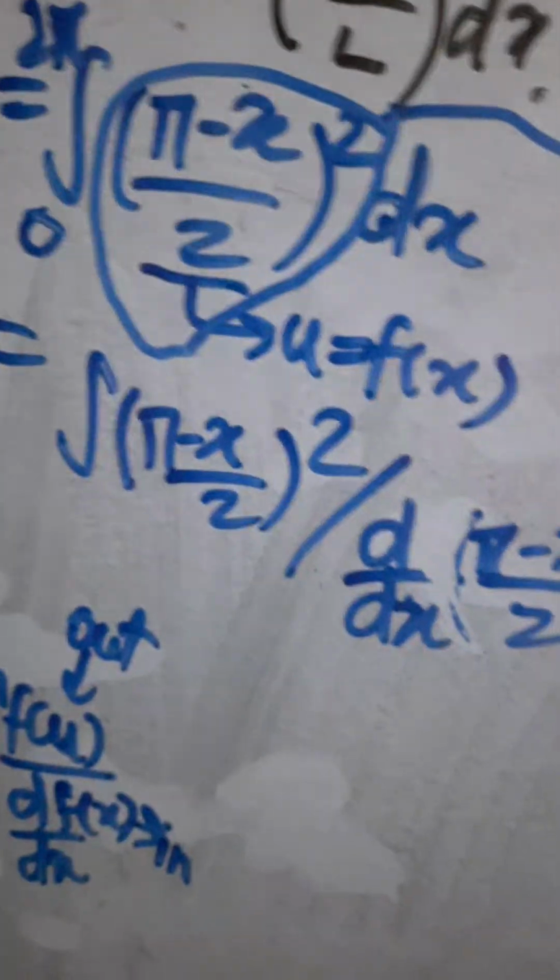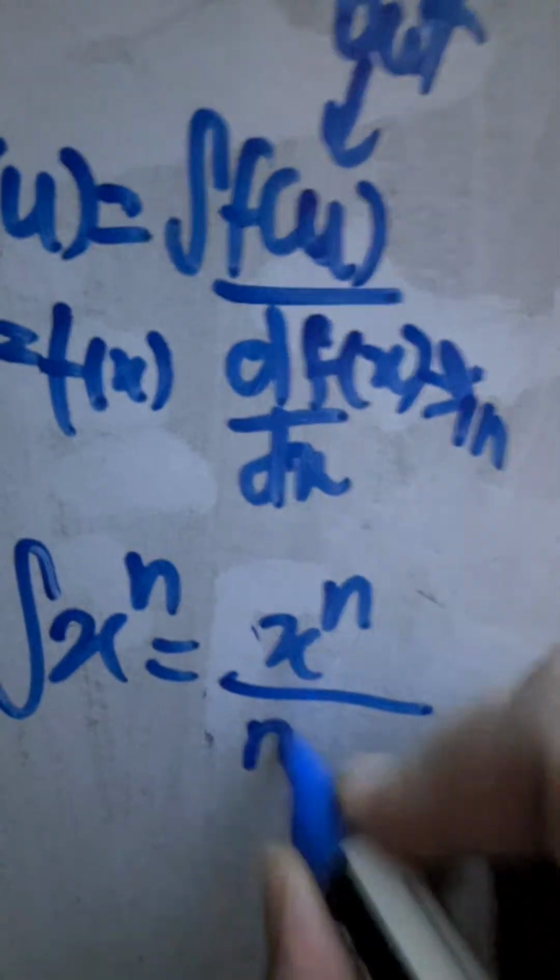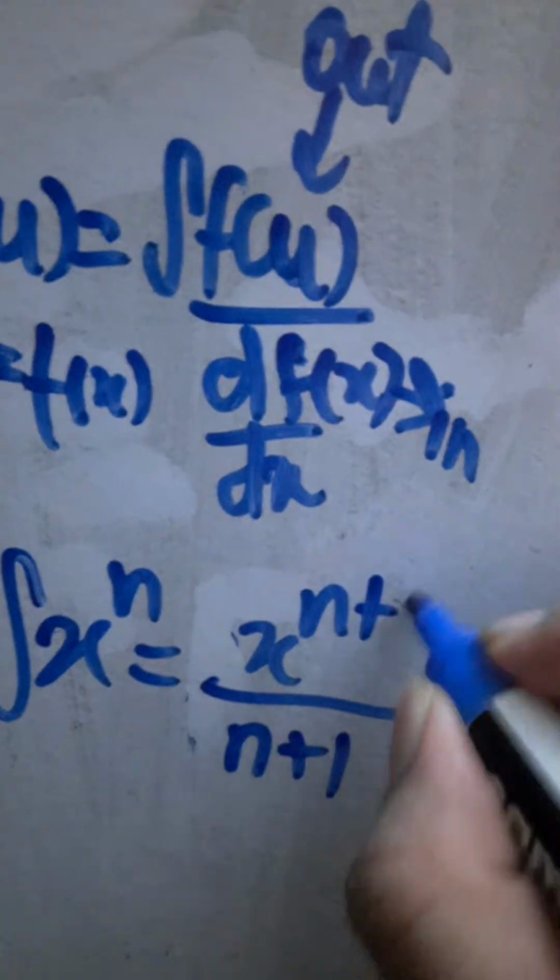The outside function we dealt with here. So integration of x raised to n is x raised to n plus 1 by n plus 1. Here the power raises and the power divides.